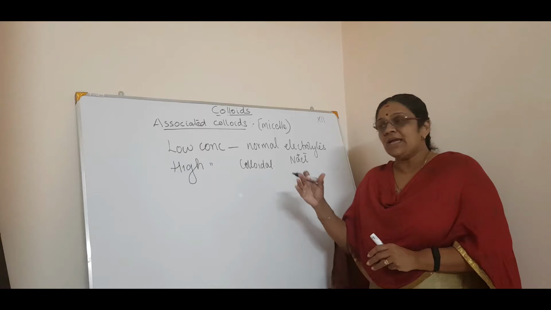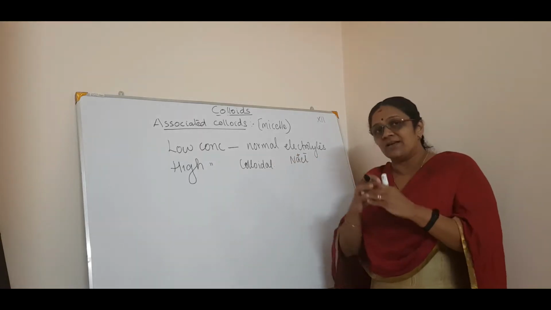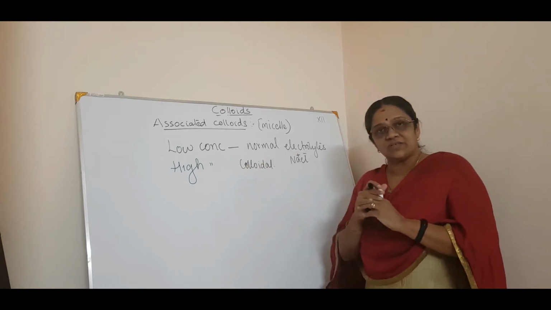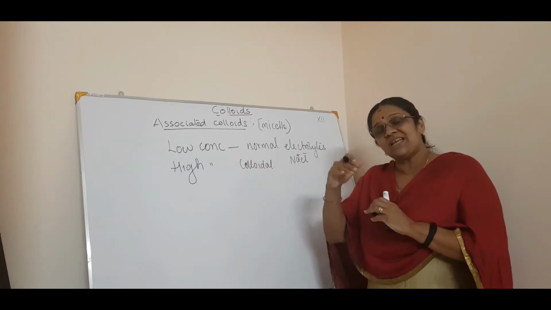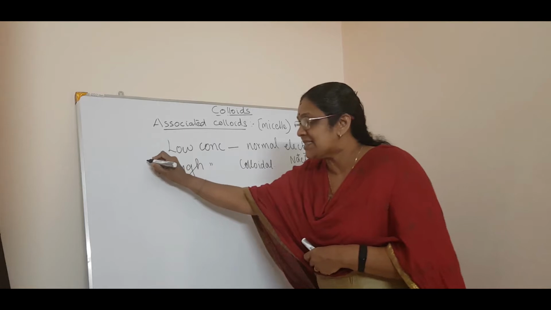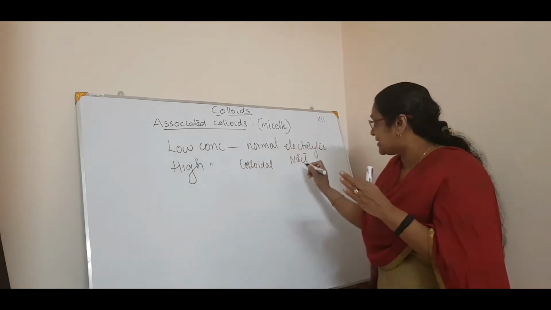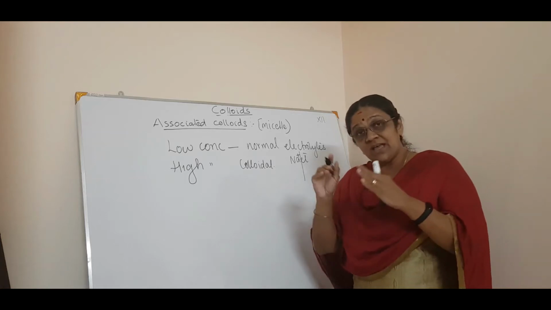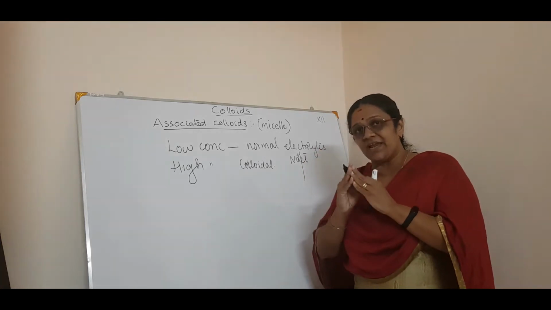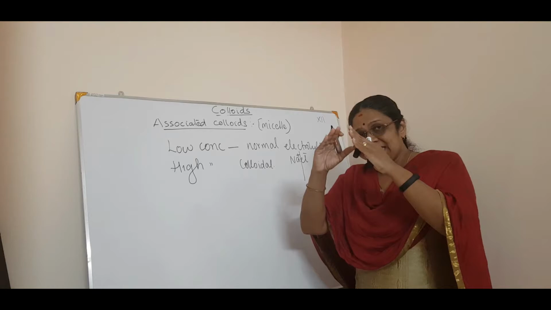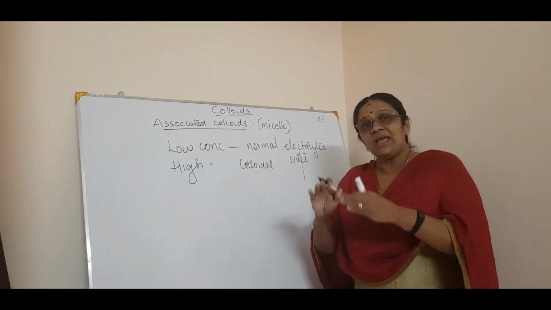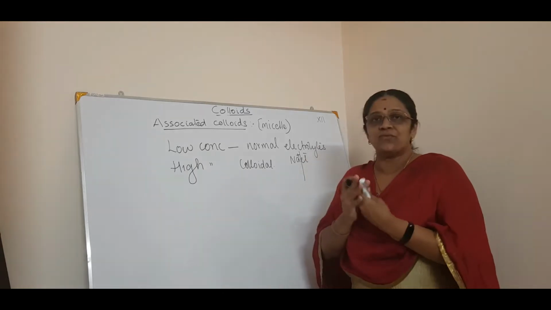That means it is getting associated, or aggregates are formed due to this higher concentration. At lower concentration, it exists as individual ions, and as the concentration is increased, it aggregates to form a colloid, which is called association of colloids.